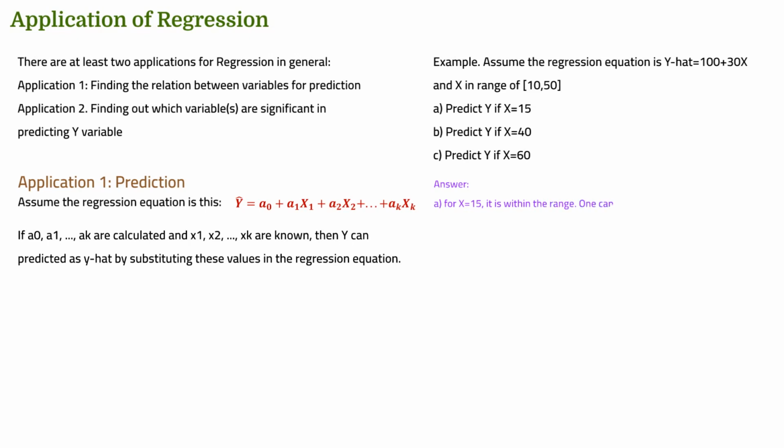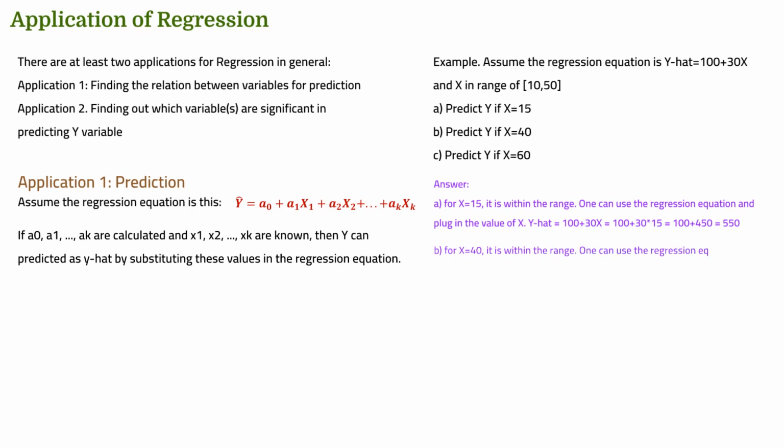For x equal to 15, it is within the range. One can use the regression equation and plug in the value of x. Y hat is equal to 100 plus 30x. Substituting x equal to 15 for part A, it is 100 plus 30 times 15, which is 100 plus 450, which is 550.